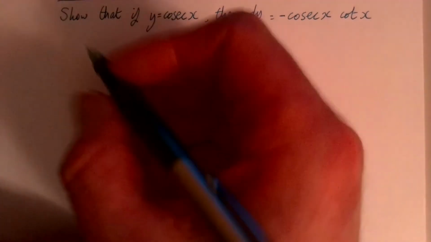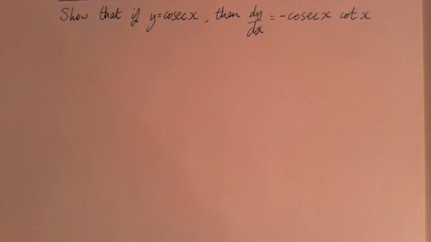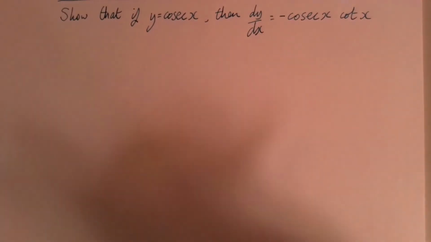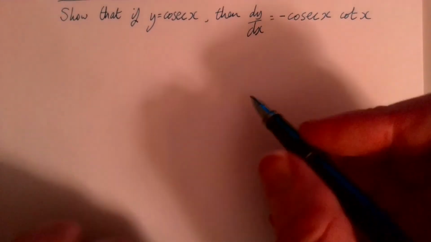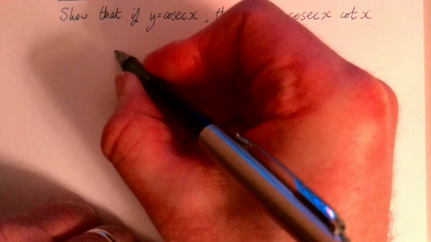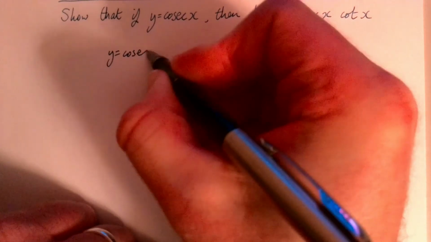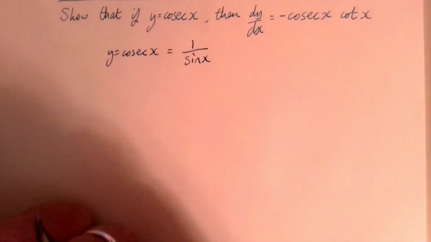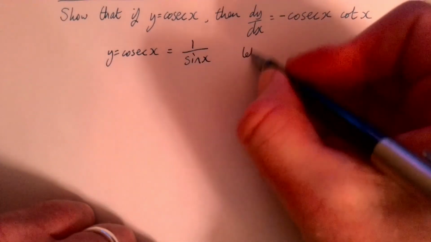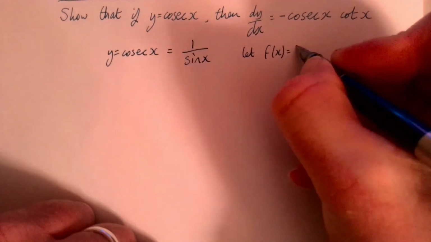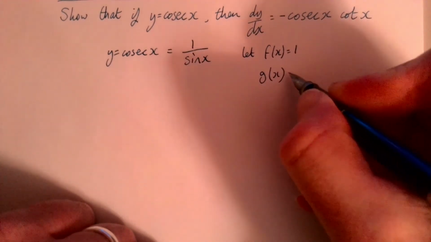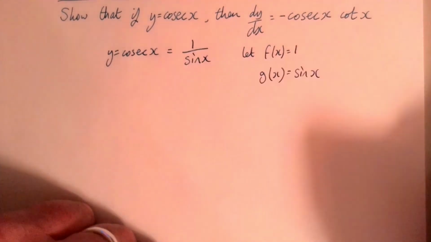So the quotient rule is the one that's in your booklet. I'll show you again, just down here. So you need to demonstrate it using that. So if y equals cosec x, we can say that that is 1 over sine x, and then you can let function f of x equal 1 and function g of x equal sine x.